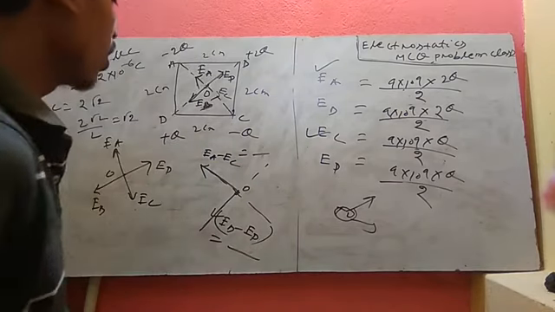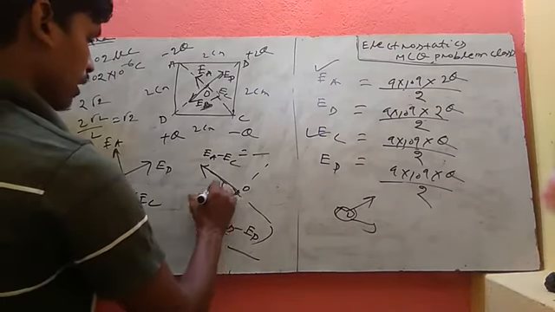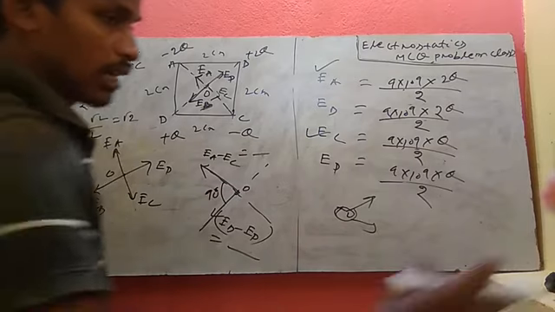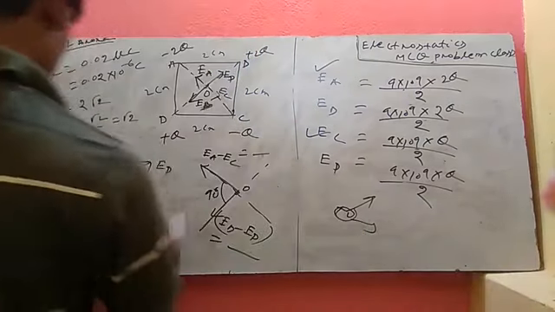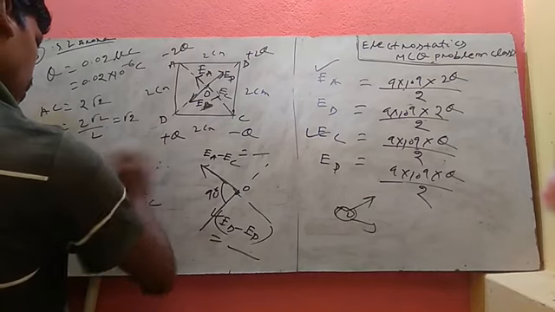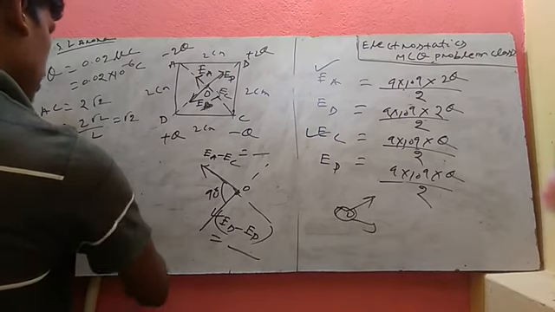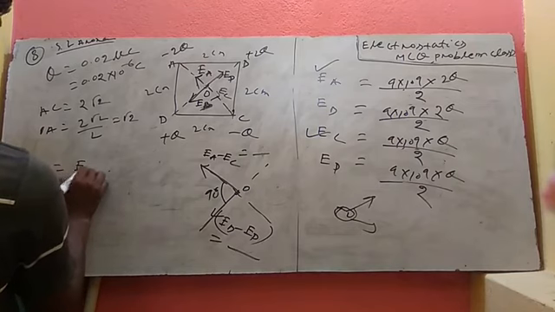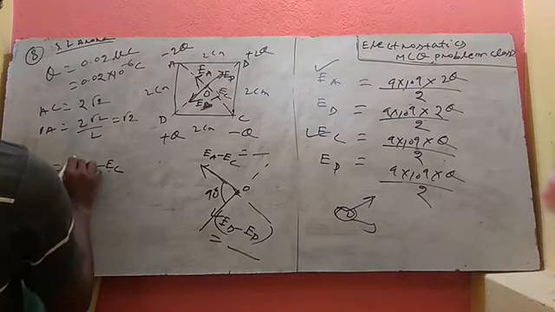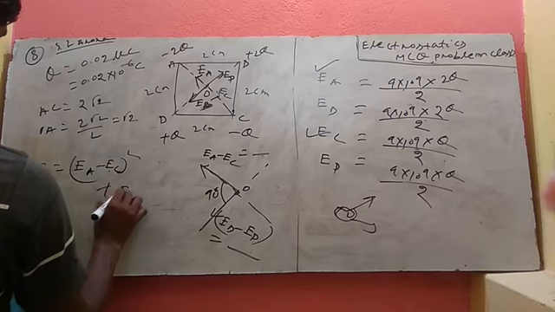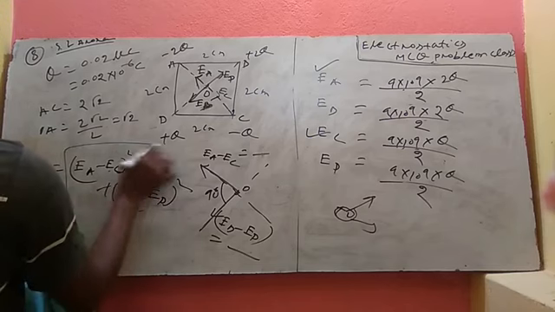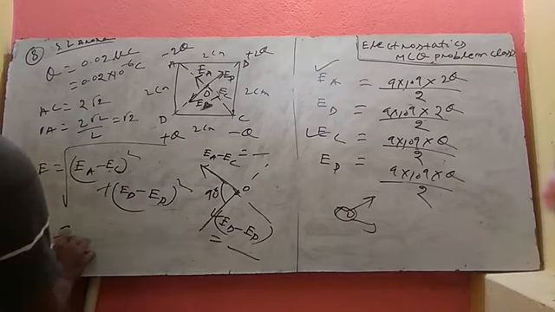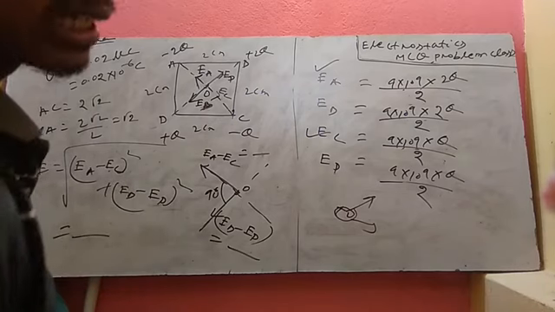The angle between them is exactly 90 degrees, so the net resultant field is the square root of (EA minus EC) square plus (EB minus ED) square. This is the magnitude of the net electric field.